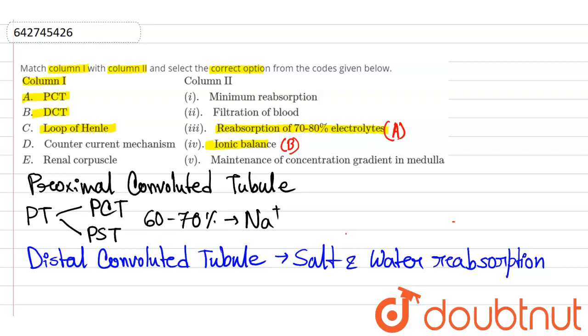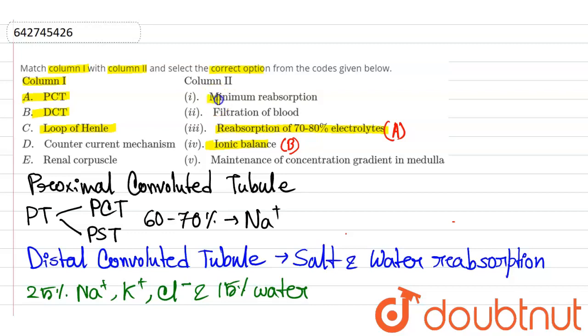In addition, the Henle's loop reabsorbs about 25% of the sodium ion, potassium ion, and chloride ion, and about 15% of water in the glomerular filtrate. So for loop of Henle, the answer will be minimum reabsorption. This is option C. Now option D here is counter current mechanism.